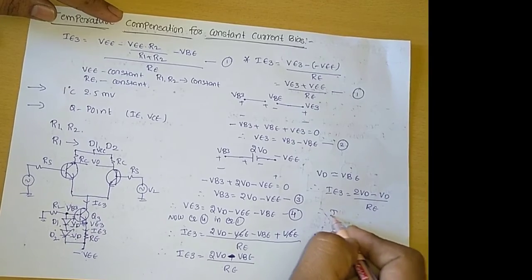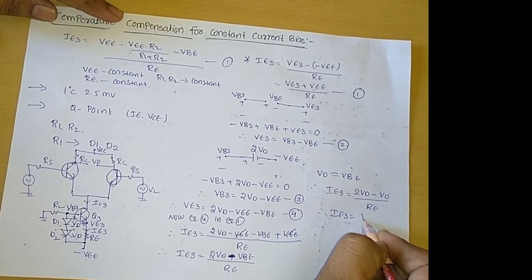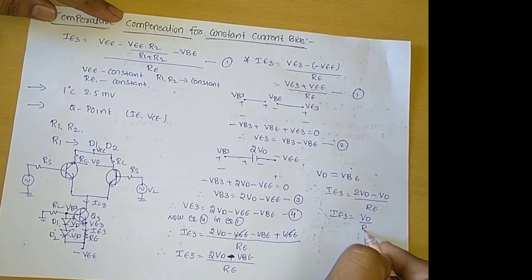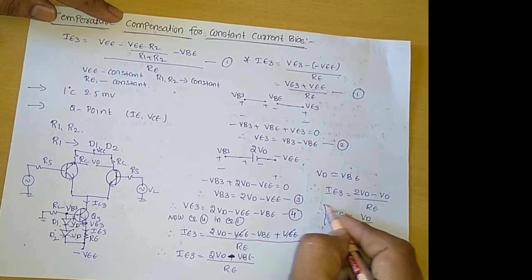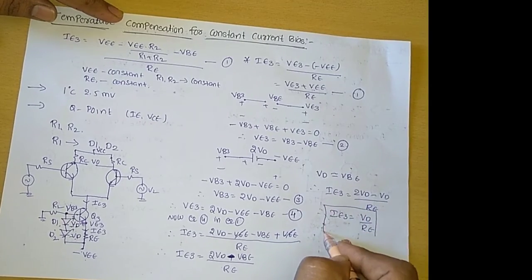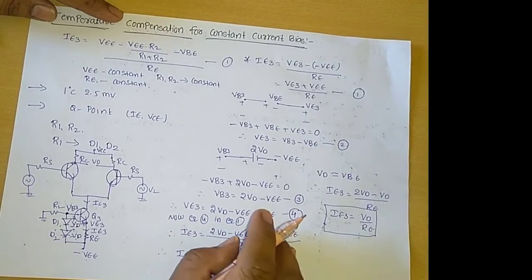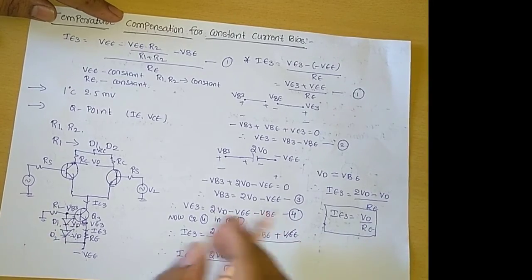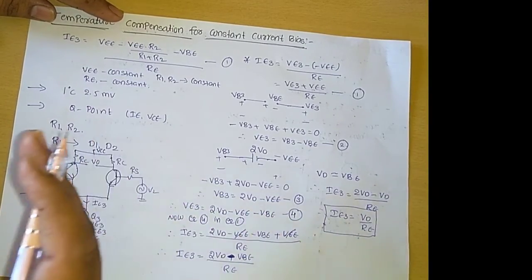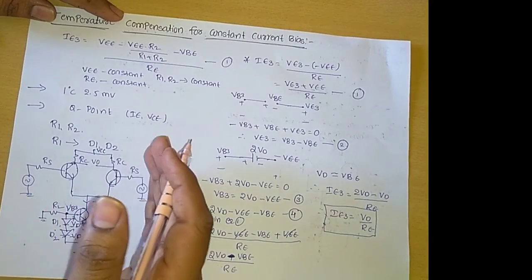Therefore IE3 equals VD by RE. It means that this emitter terminal current is dependent on the diode voltage. But here our doubt is how this circuit can improve the thermal stability.